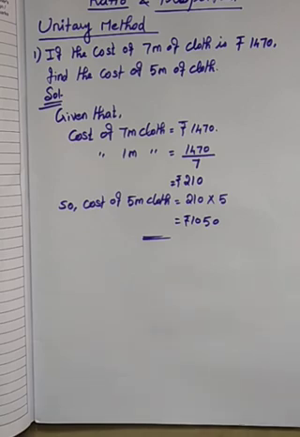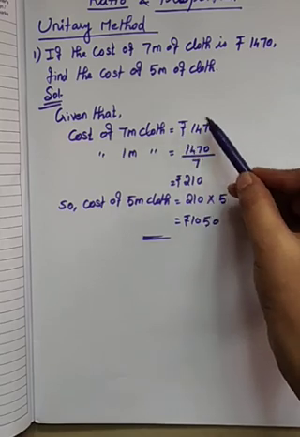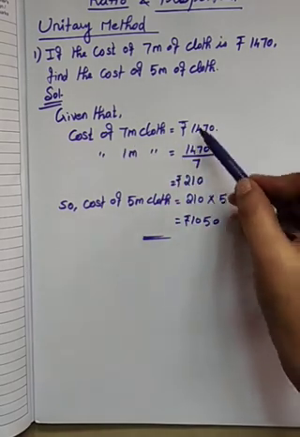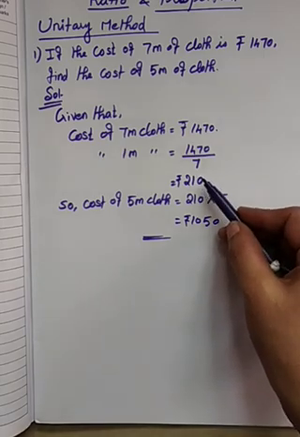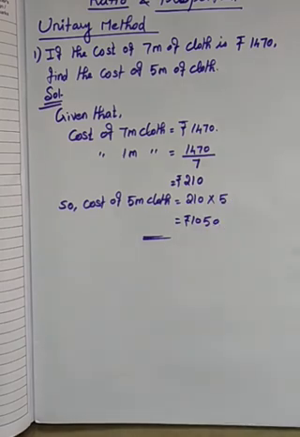So first you have to find the cost of 1 meter cloth. Means how can you find it? See, this total value divided by this 7. So simplifying, you will get cost of 1 meter cloth, that is rupees 210. Now we have to find the cost of 5 meter cloth. Means this 210 into 5 you will get the result. Therefore the cost of 5 meter cloth is rupees 1050.